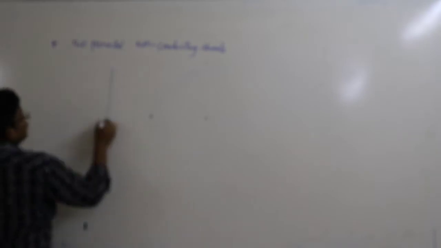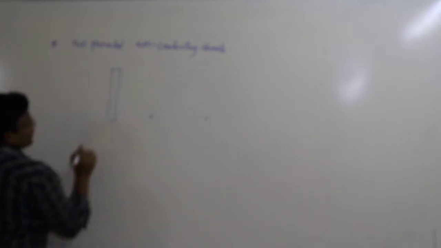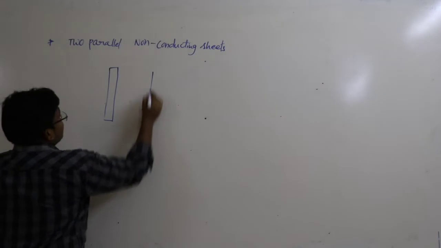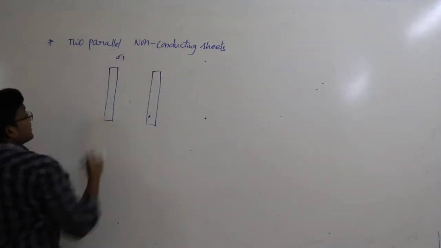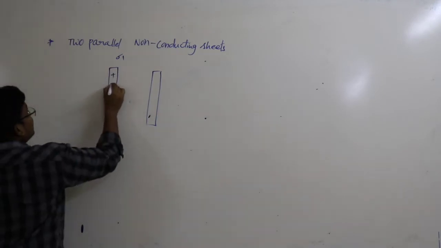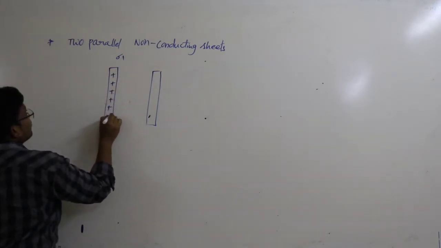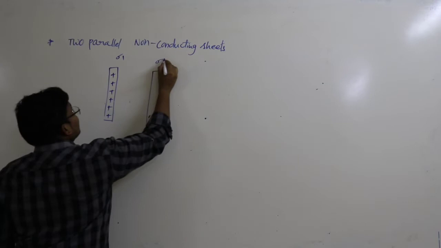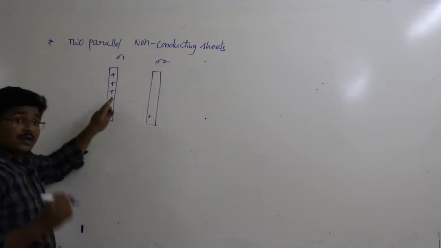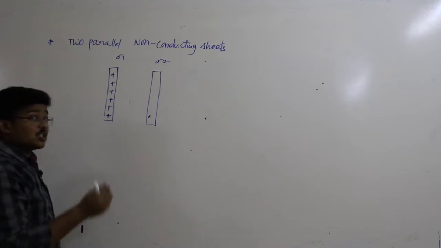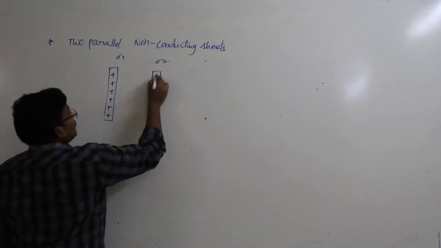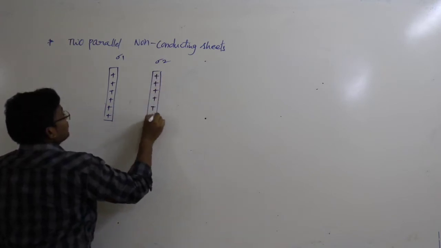So I have taken two. This is one plate, whose charge density is sigma 1, and this is one more, whose charge density is sigma 2. I am drawing the charge inside because it is a non-conductor. Charge is present inside also.